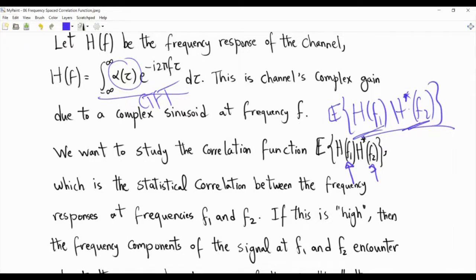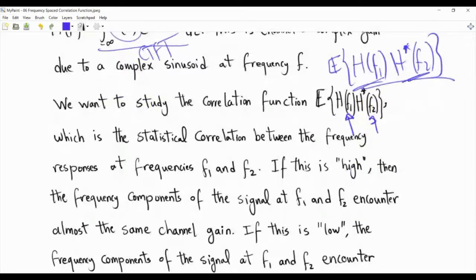It means that if you transmit a signal, with some spectral component at frequency f1 and another spectral component at frequency f2, and the channel at f1 and f2 is highly correlated, then these two spectral components will encounter almost the same channel.